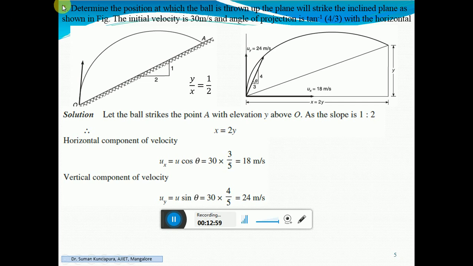So you are supposed to find the x value and y value where the ball goes and hits the point A. Don't get confused between this slope and the slope they have given here, tan inverse of 4/3. Tan inverse of 4/3 is the angle made by this projectile. When you throw something, the angle they give is with respect to the horizontal, and that angle is given over here.